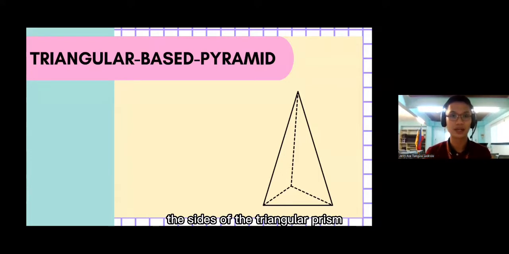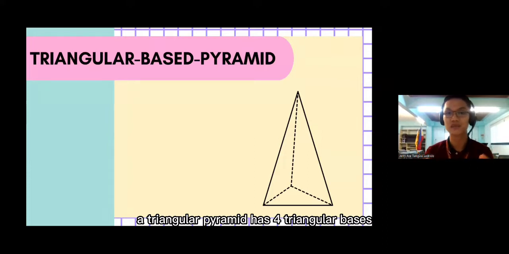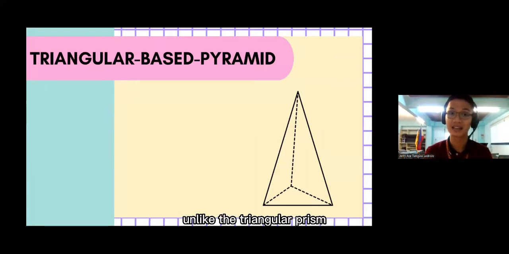The sides of the triangular prism, which are rectangular in shape, are joined with each other side by side. All cross-sections parallel to the base faces are the same as a triangle. A triangular pyramid has 4 triangular faces, unlike the triangular prism, that are joined with each other and are congruent to each other.